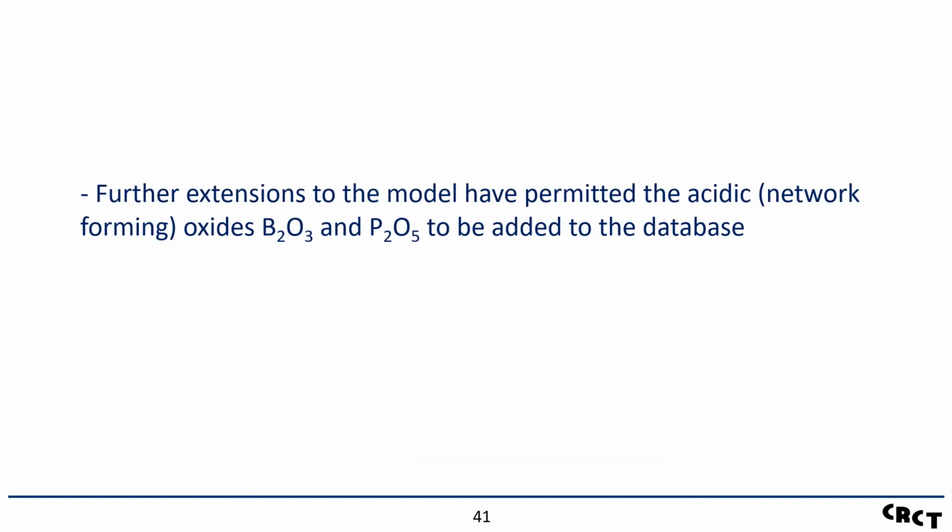Further extensions of the model have permitted the acidic forming oxides, boron oxide and phosphorus pentoxide, to be added to the database. Again, we extend the model only as far as necessary in order to accommodate the more complex solutions.